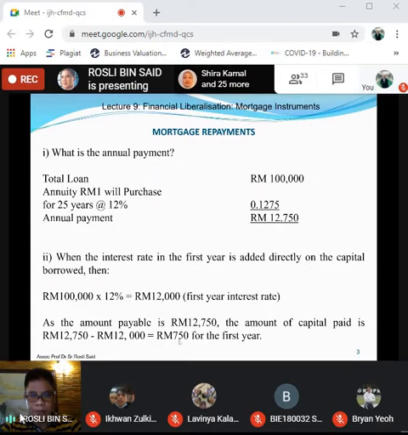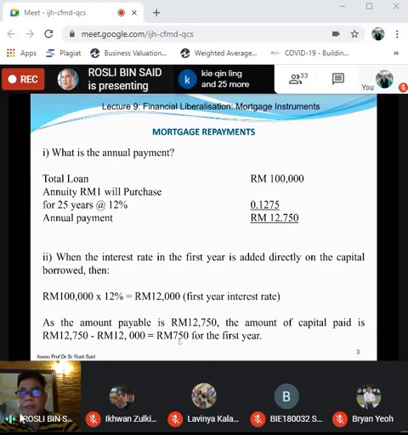But under normal market circumstances, where the increase is very low, we have to come up with, number one, the prepayment penalty that we have to pay the financial institution. Some banks have abolished this kind of penalty, but most banks still impose the prepayment penalty.